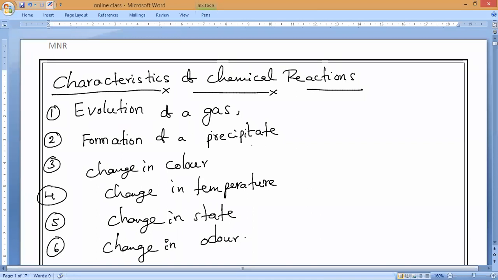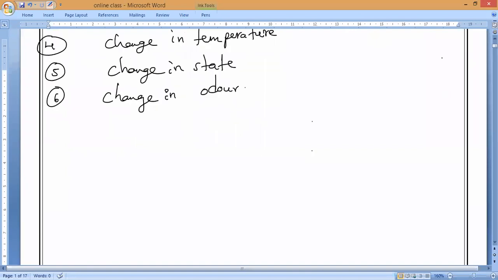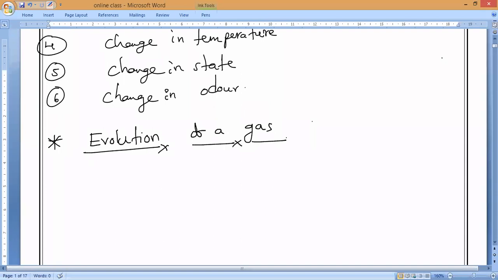So the first one is evolution of a gas. I will give you examples and make you understand. You can write the first property: evolution of gas. As I told you, the common property of most chemical reactions is the formation of gas after the reaction.